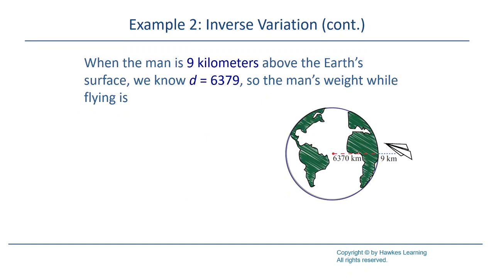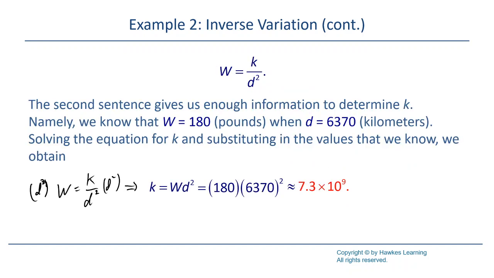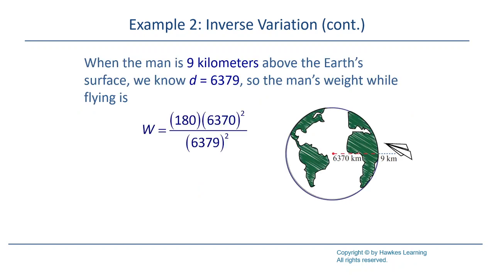So now we said, okay, if the person is 9 kilometers above the Earth, how much is the person who's 180 pounds going to weigh? Well, now it's just a matter of plugging that in. Because remember, this was your k value.